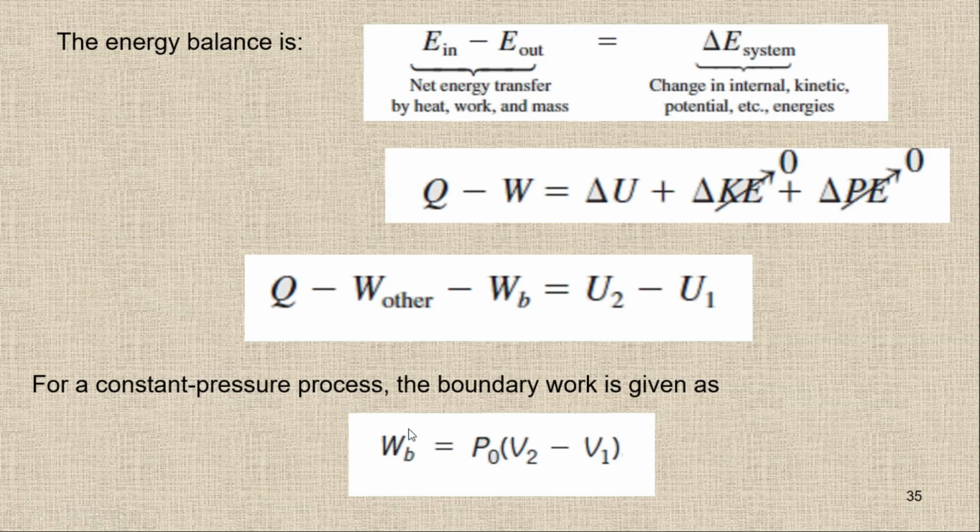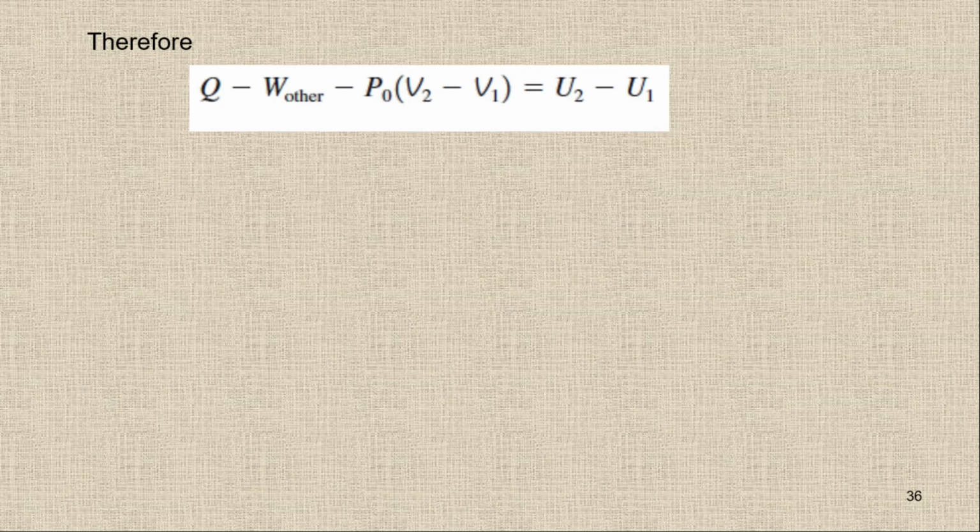I am simply going to put the value of WB here. After substituting, I get Q minus W other, or W electrical, minus P naught times V2 minus V1, where P naught is the constant pressure, and then U2 minus U1 on the other side.